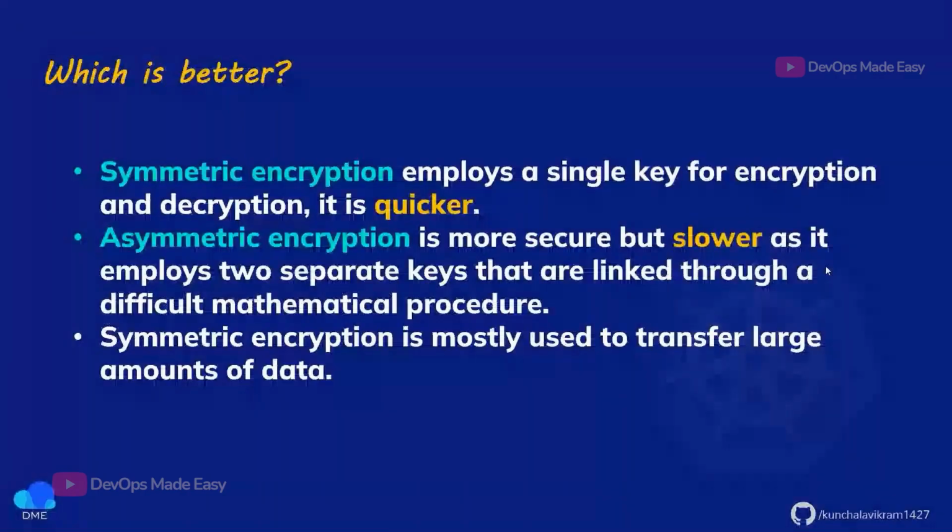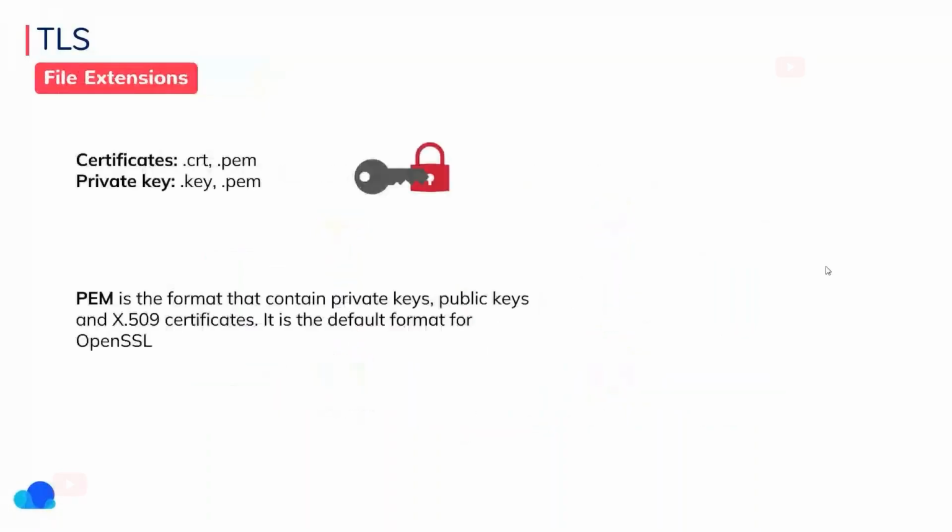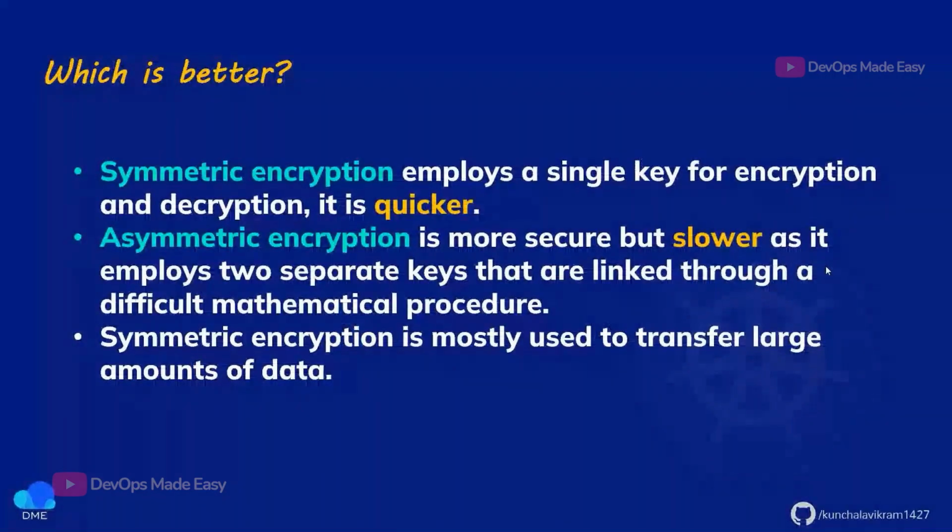Then which is better? So we are talking about symmetric and asymmetric encryption. Usually, symmetric key is much faster because it has only one key for encryption and decryption. But asymmetric key is more secure because here we have two keys. If I encrypt with one key, even if that key is compromised, no one can decrypt it because the decryption only happens through the private key.